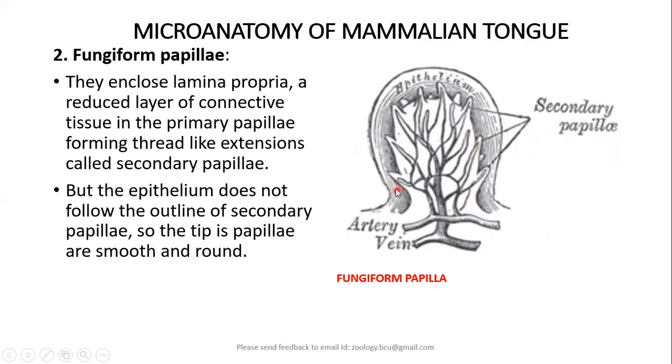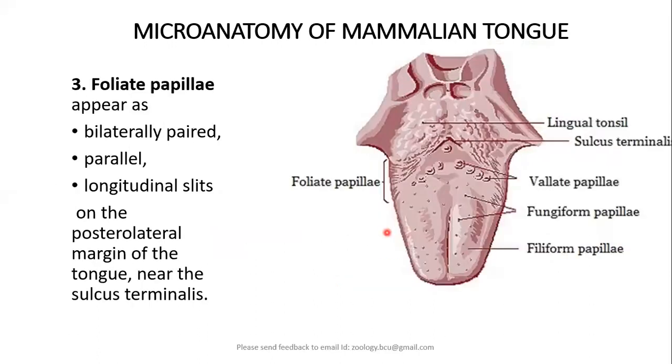But the epithelium does not follow the outline of the secondary papilla, unlike the filiform papillae. Therefore, the tip of these fungiform papillae is smooth and round, not thread-like.